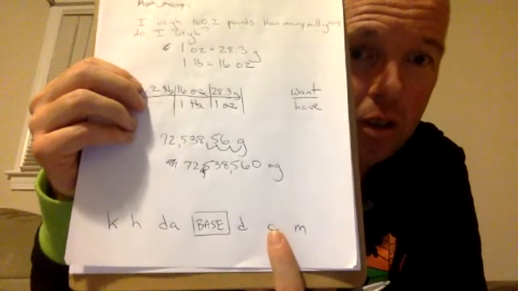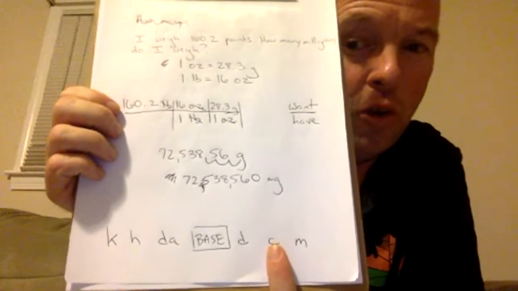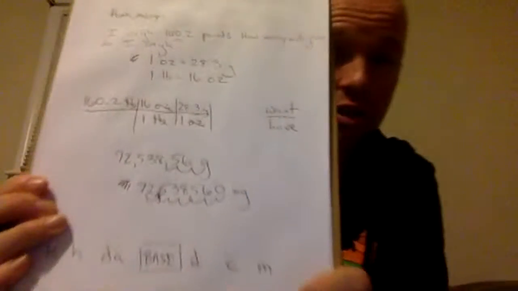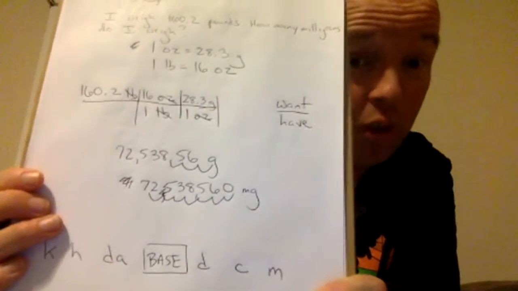So, if you put this in scientific notation, then you won't have any issues. So, 1, 2, 3, 4, 5, 6, 7 places is how many I need to move to get to that base number that's between 1 and 10, 7.2.